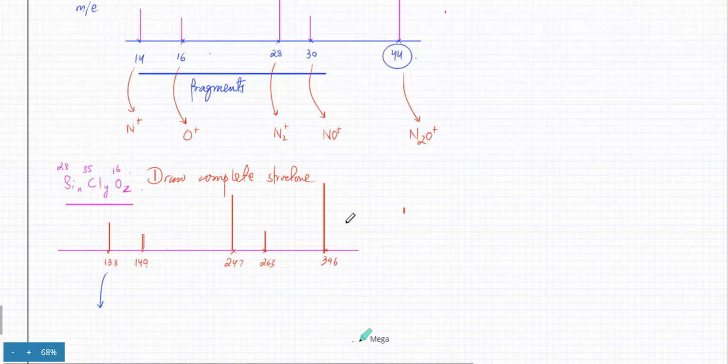And you're not even sure whether all three elements would be a part, because this is the tiniest fragment, so it might break into pieces. But try and figure out what 133 is. Use a calculator, try some combinations of silicon, chlorine, and oxygen, and see if you get 133.